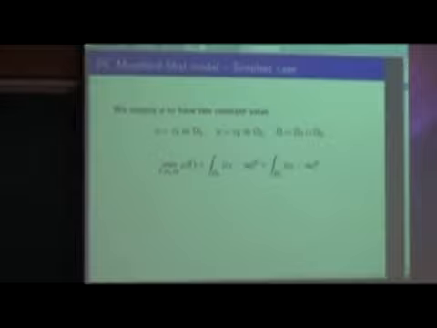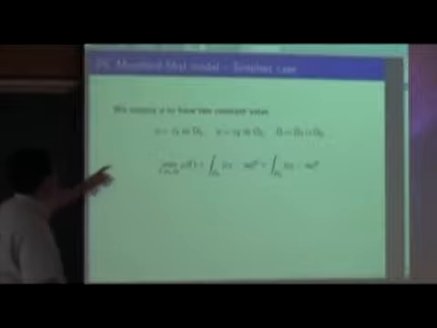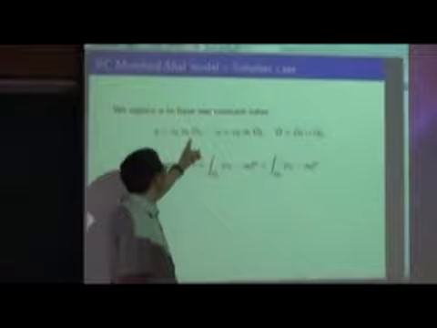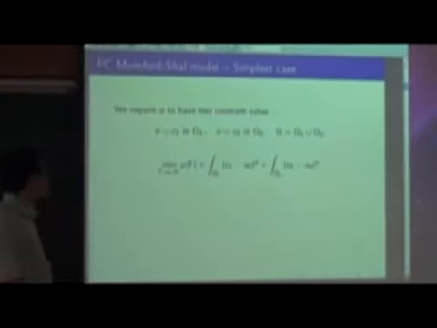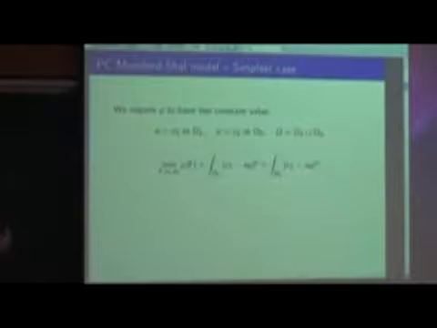In this case you just need two constants, so I just need U equal to C1 in omega 1, the foreground, and everything else I put into the background. Then the Mumford-Shah becomes very easy.